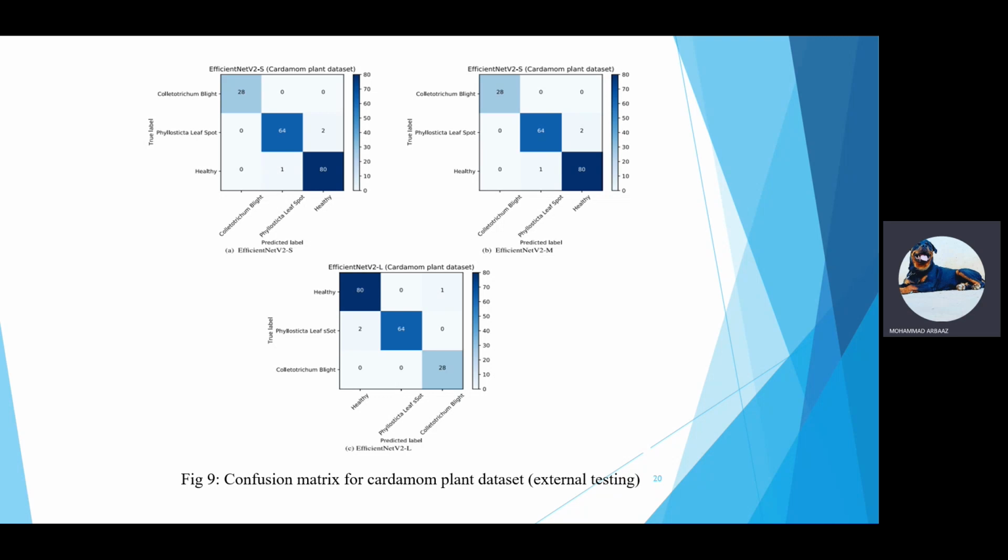This is the confusion matrix of the cardamom plant datasets. This is obtained by using external testing. The first diagram is by EfficientNetV2 for the cardamom plant dataset, and in this it is shown healthy, phyllosticta leaf spot that is caused by disease, and colletotrichum blight, which is also caused by disease.